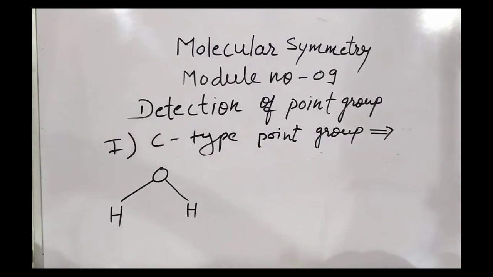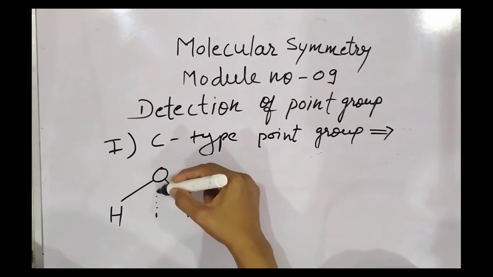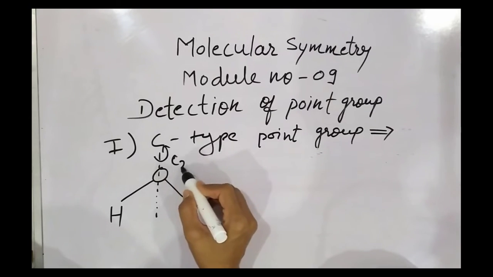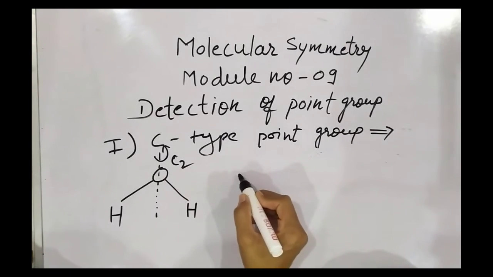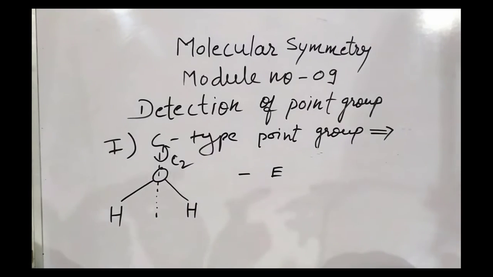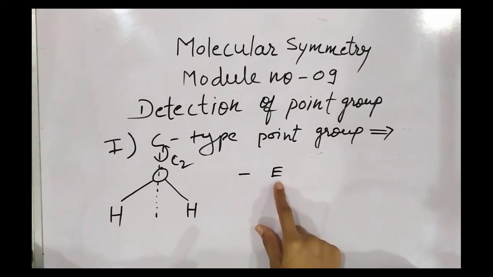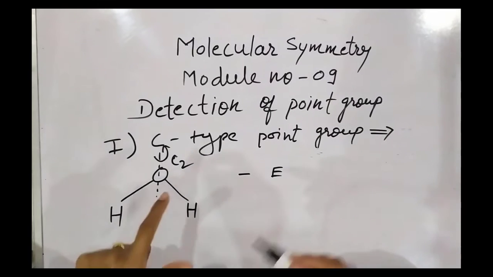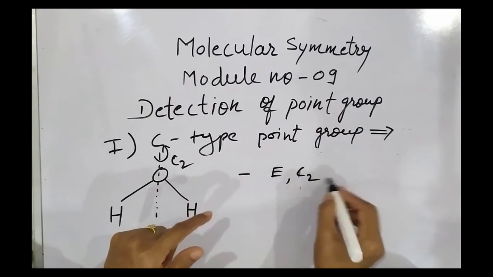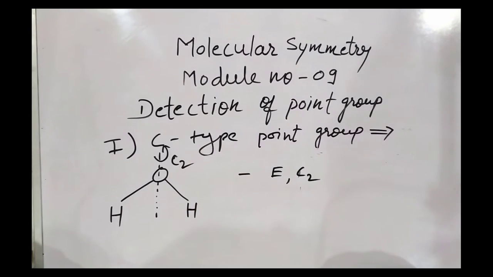It is 180 degrees, meaning the principal axis passing through is C2. So let us list out all the symmetry elements. As I have told you, first of all we have to write down E, that is identity. What is the next symmetry element we are getting? It is C2, that is the principal axis.